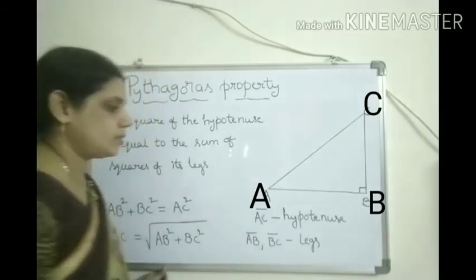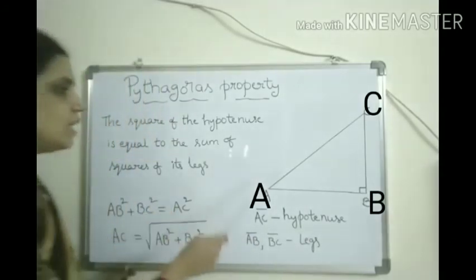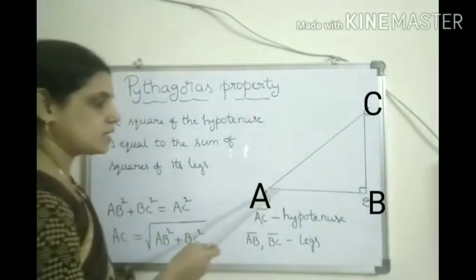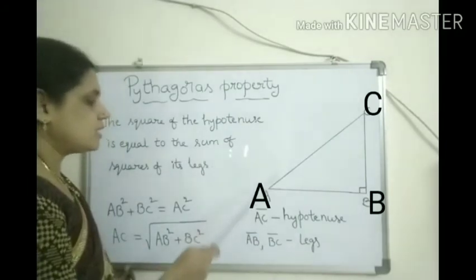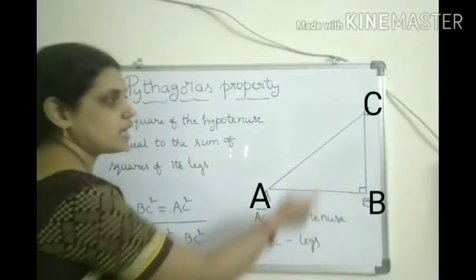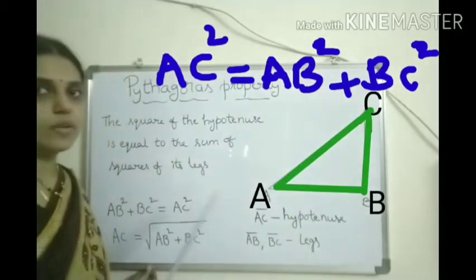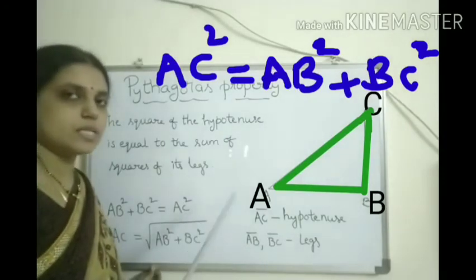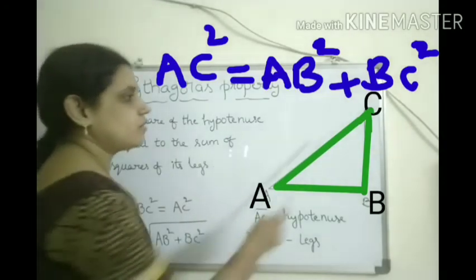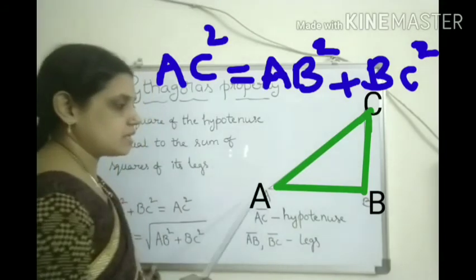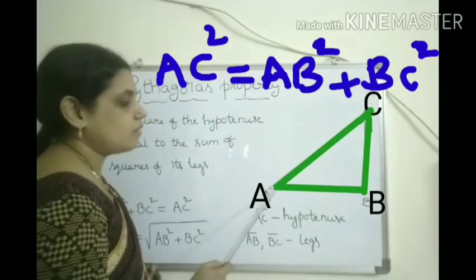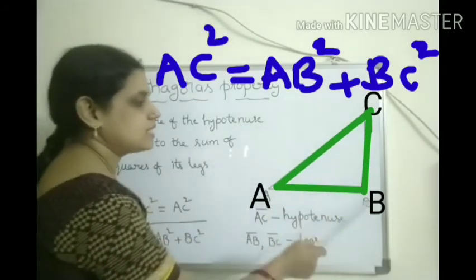So the square of the hypotenuse is equal to the sum of squares of its legs.